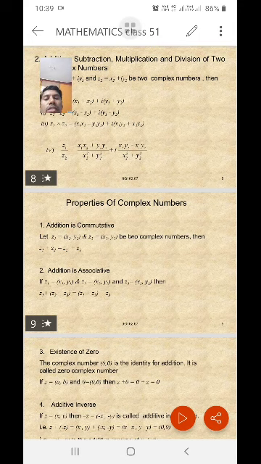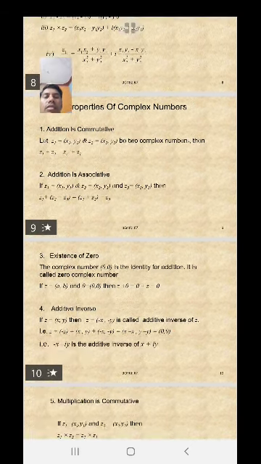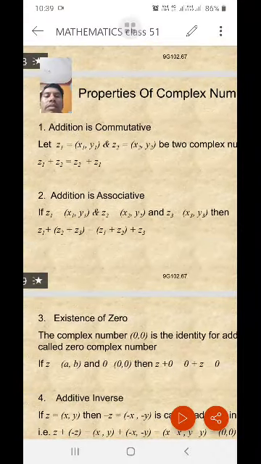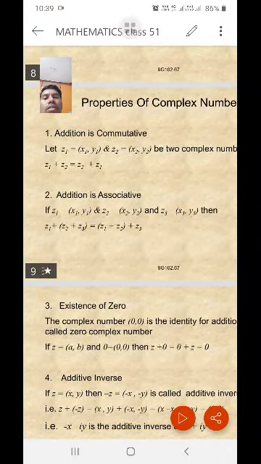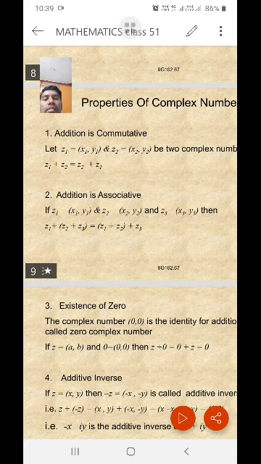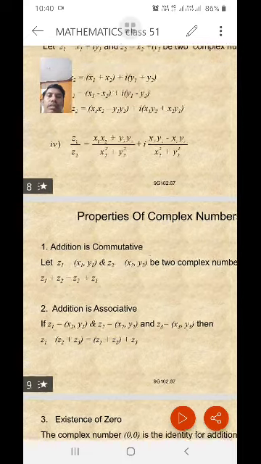If z1 equals x1 comma y1, z2 equals x2 comma y2 and z3 equals x3 comma y3, then z1 plus z2 plus z3 equals z1 plus z2 plus z3. See here, brackets are placed on the last two terms on the left side and the first two terms on the right side. So this is associative.